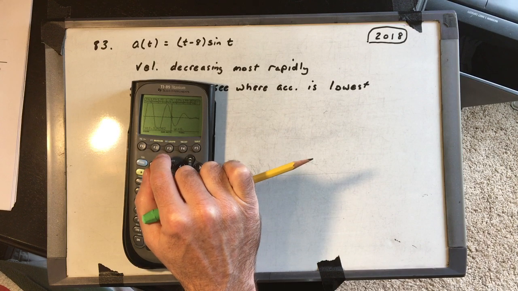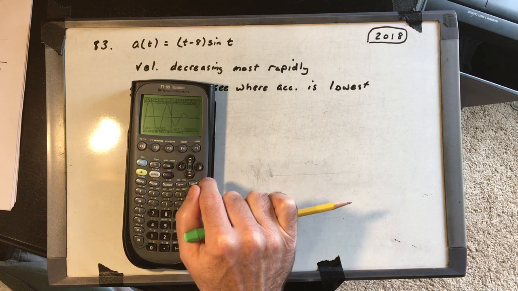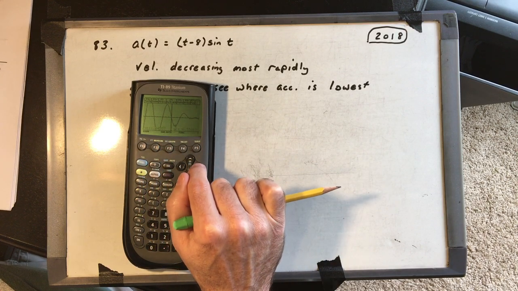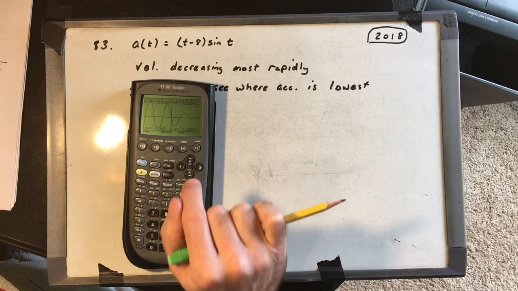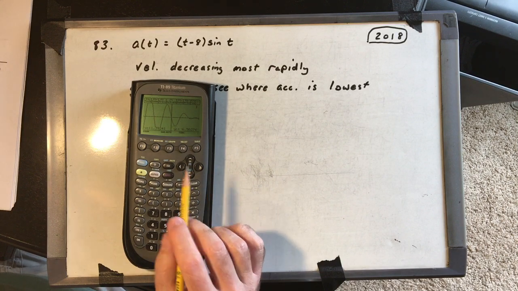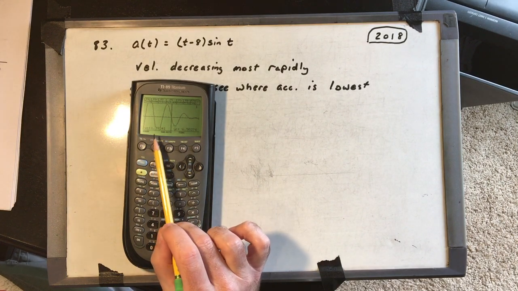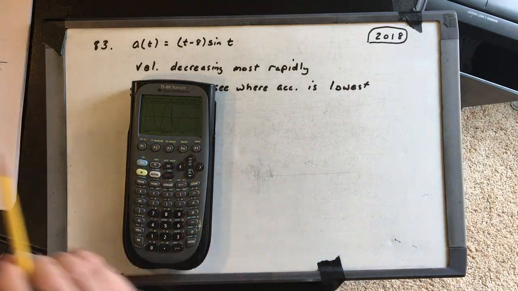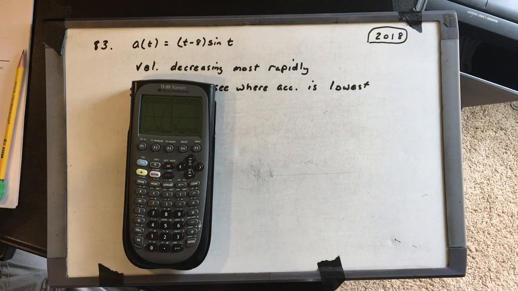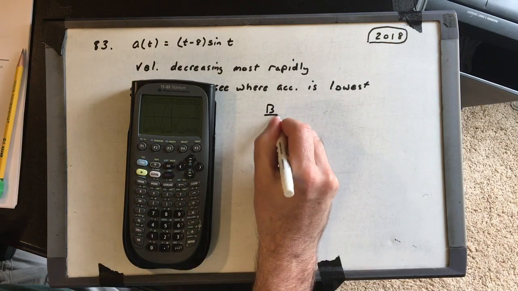So I'm going to hit F3 for trace, and I'm just going to go to the right and see about where it's lowest. And it says here 1.39, and I'm not necessarily at the very bottom of it, but I know it's pretty close. And so that's going to be B. That's where acceleration is lowest.